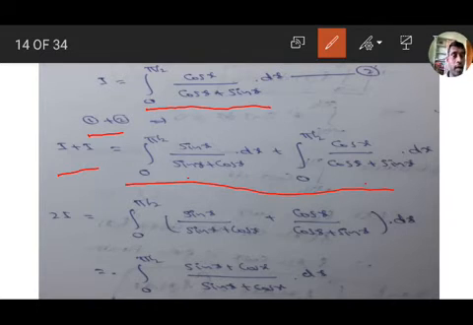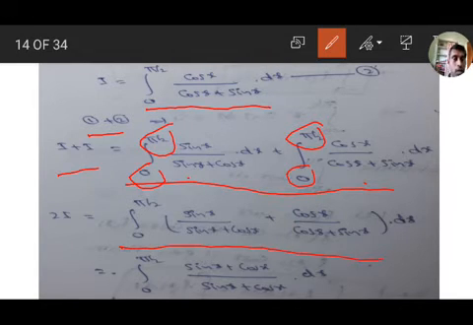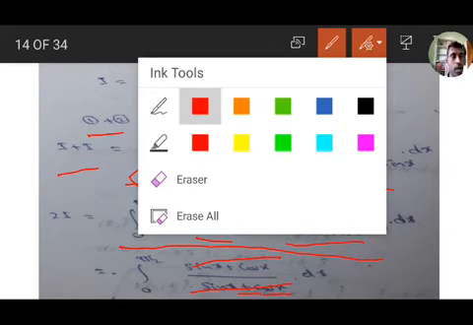With the same limits, it can be written as a single integration: 2I equals integration 0 to pi by 2 of sin x plus cos x by sin x plus cos x. The denominators are the same, the numerator is sin x plus cos x, which cancels to give 1 into dx.